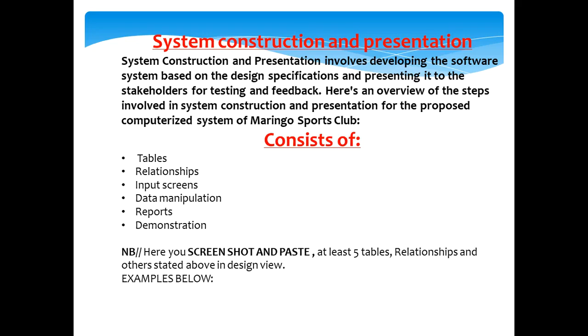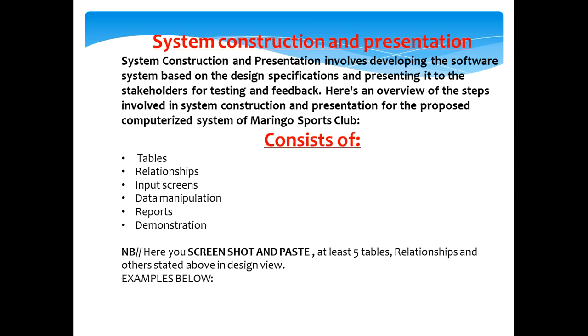So in system construction, or in Milestone 2, you do the following. You put screenshots. Here you screenshot and paste at least 5 tables, relationships, and others stated above in design view. Just look at the example below.